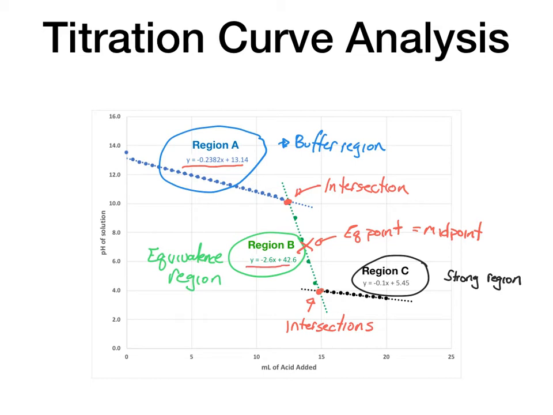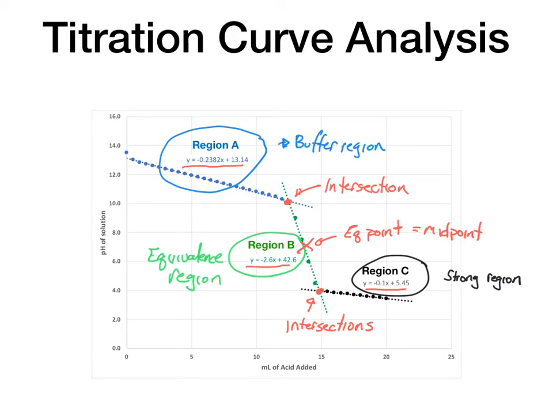I did the same thing for region B and the same thing for region C. I'm going to use these equations of the lines in order to find the intersection points of this data to be able to analyze this hypothetical titration.